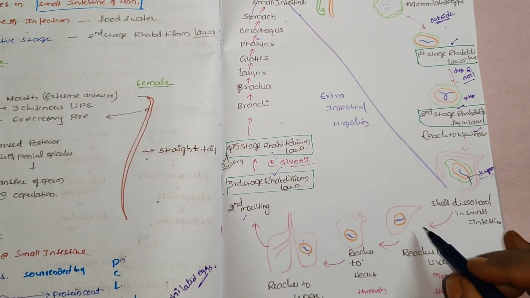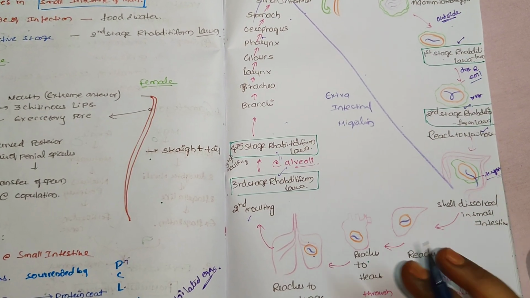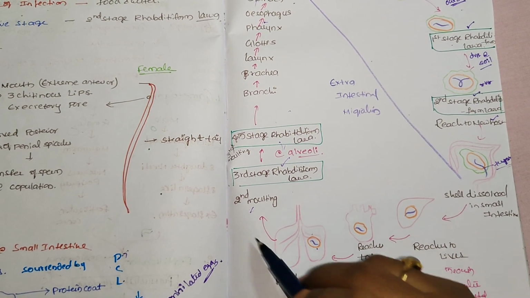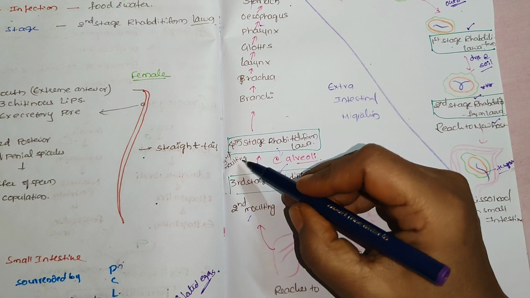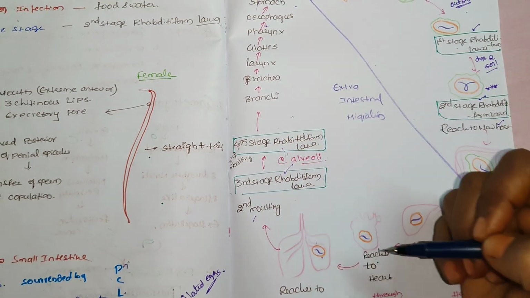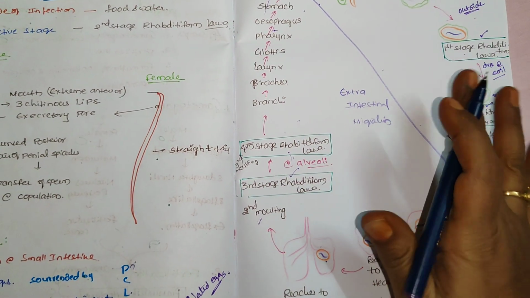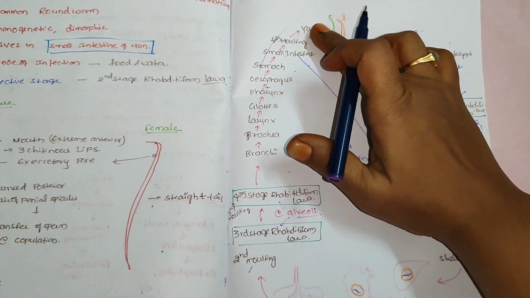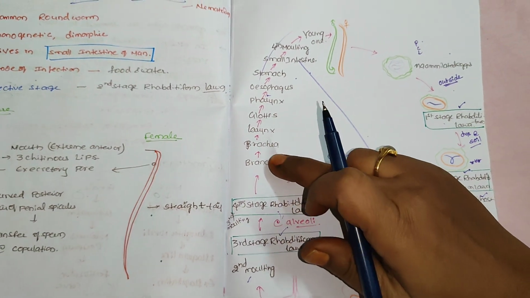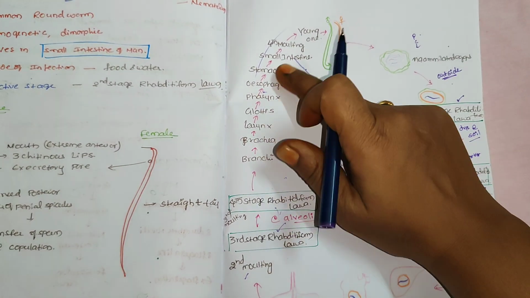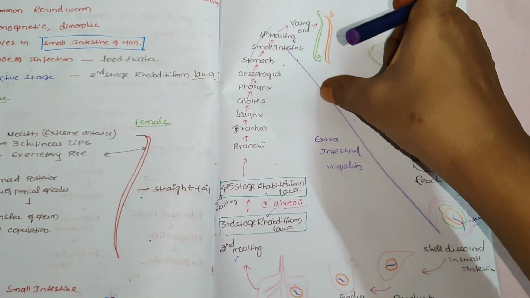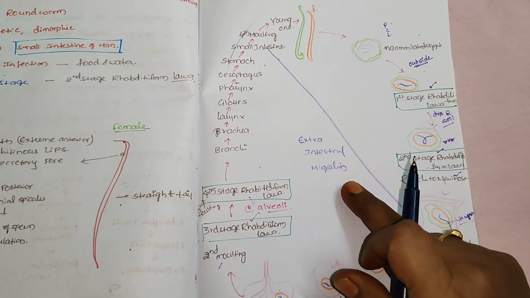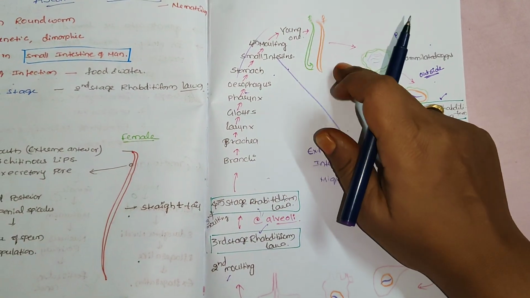It goes for extraintestinal migration, meaning other than the intestine: liver, heart, lungs. Then in the lungs it completes the third molting and the fourth stage rhabditiform larva develops. Then it goes from the respiratory tract to the digestive tract again. So from small intestine to small intestine, passing apart from the small intestine, that is why it is extraintestinal migration. Then it becomes a young one.